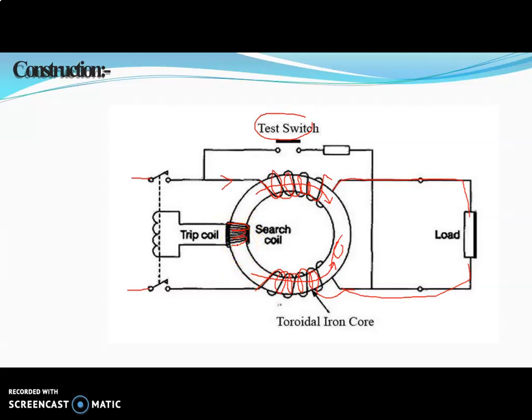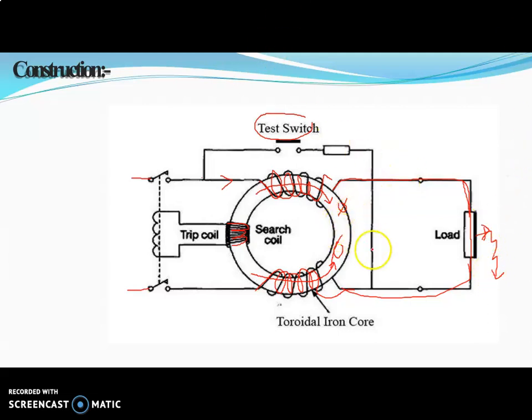Now if an earth fault takes place, what will happen? The current flowing through the primary coil, if suppose the earth fault takes place here, the primary current is the same, so it will produce the flux phi as in the previous case. But here the current flows through the load and some current flows through the earthing wire.